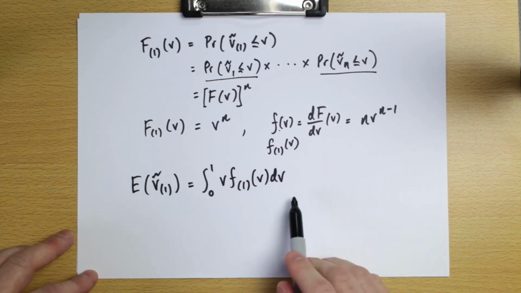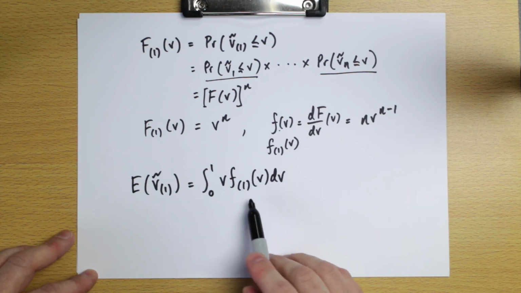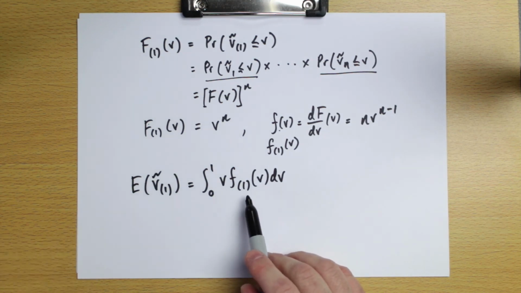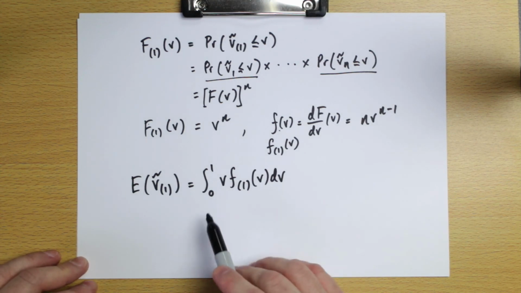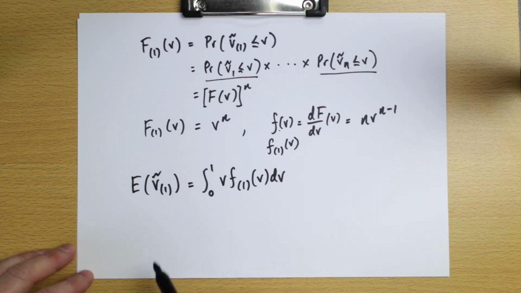So this is the general definition of expected value. You're taking each possible value, multiplying it by its likelihood or its density value, and then integrating over the whole interval. So we've seen that before in lecture 3 in the technical appendix.